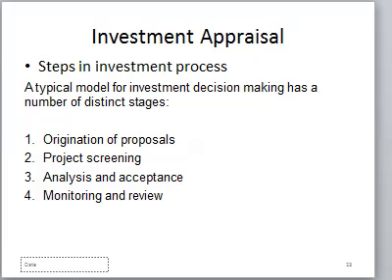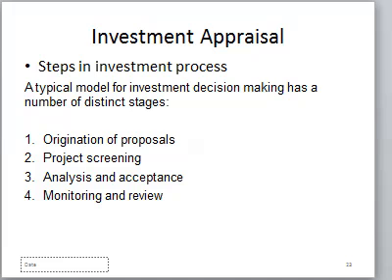So then you need to narrow them down to few projects that match the organizational resources and the organizational objectives. So that's the project screening. You are trying to narrow down the different projects that were developed into projects that the organization can invest in.